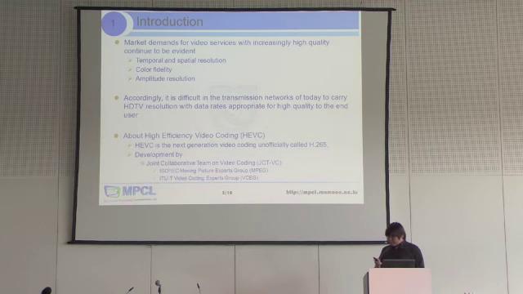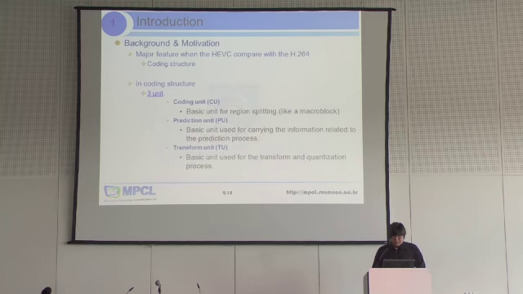MPEG and VCEG developed HEVC, officially called H.265. I think a major feature of HEVC compared with H.264 is its coding structure.